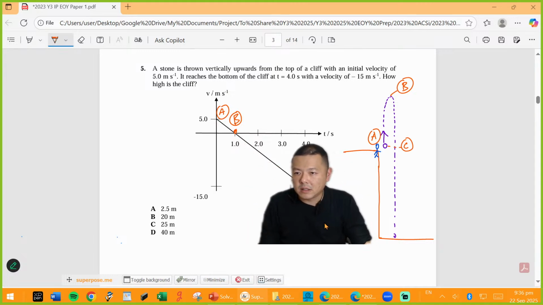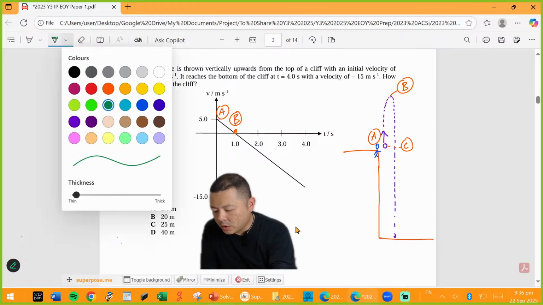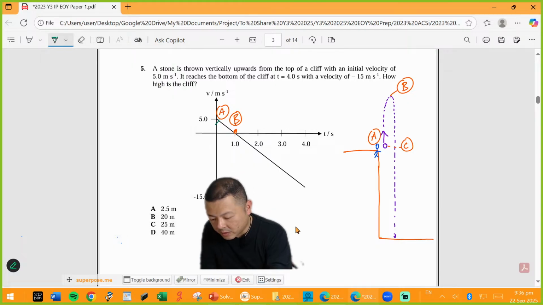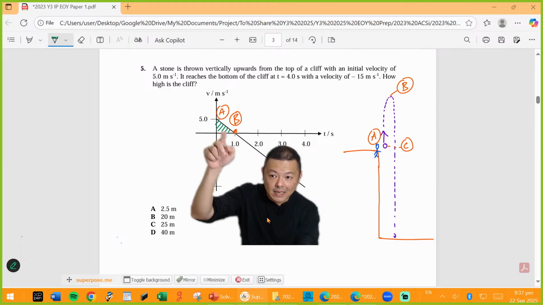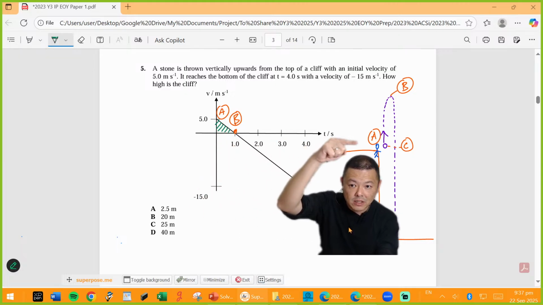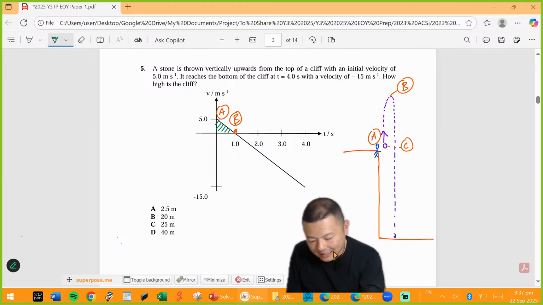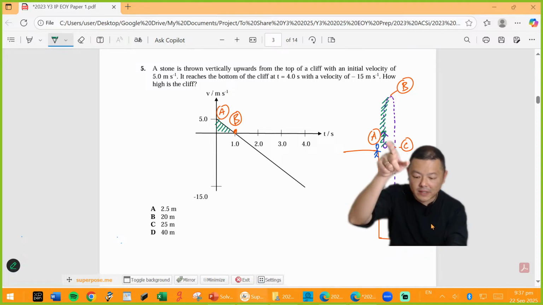Okay. So you can use the distance, you can use the area. You see this area here, the green area? That's the distance from A going upwards to B. You see that distance over here?